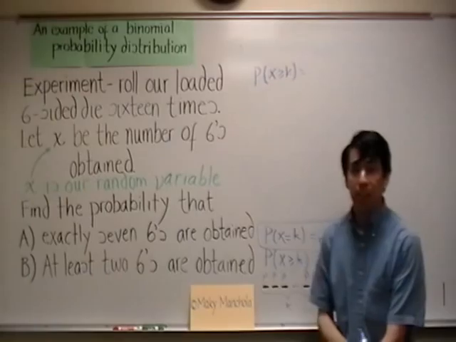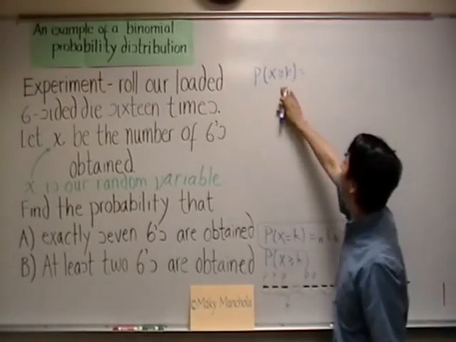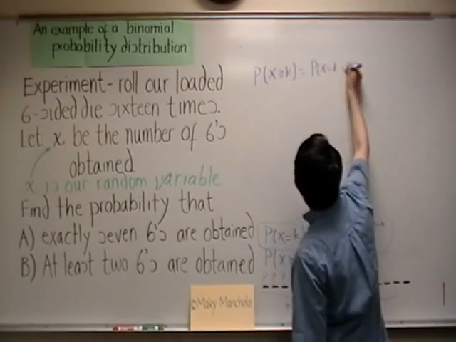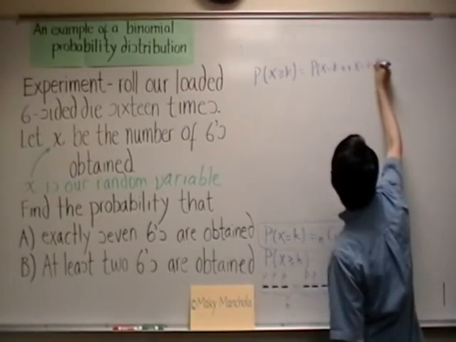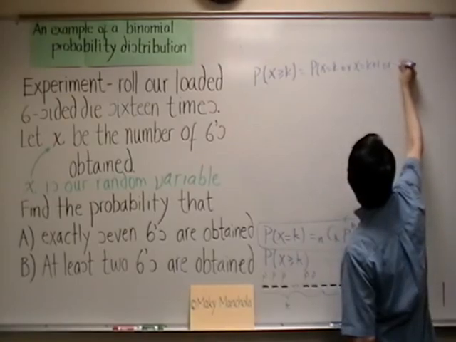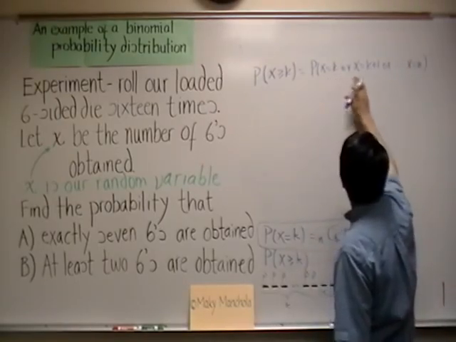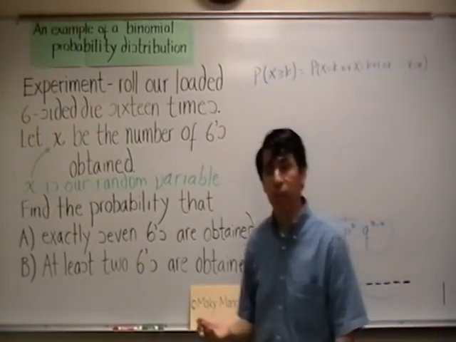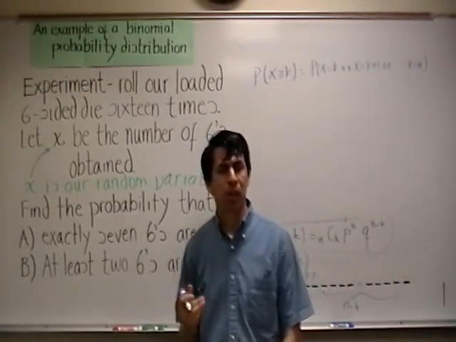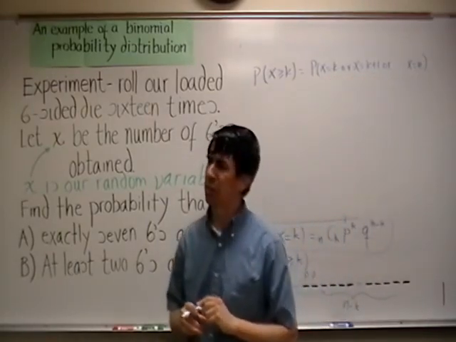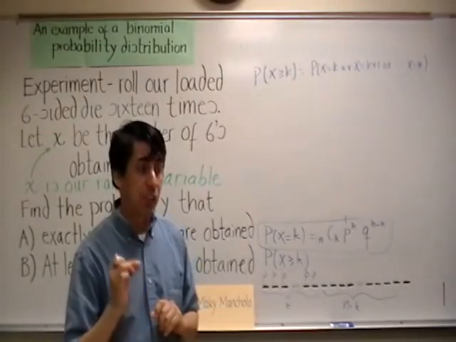So there are going to be several cases, because when you say x is greater than or equal to k, you could be saying x equals k, or x equals k plus 1, or all the way up to x equals n. Now, these are exclusive alternatives. When you think about these different types of outcomes, you realize that they are exclusive alternatives.